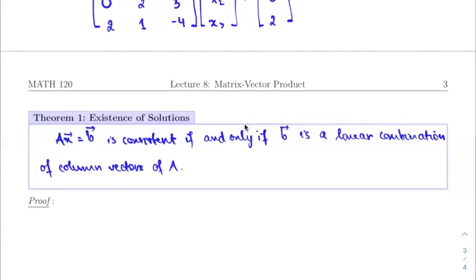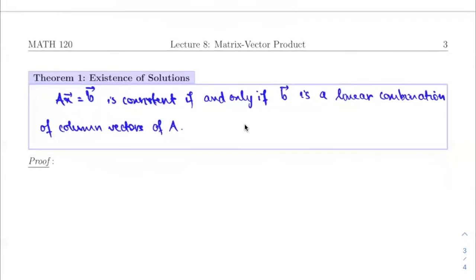Because we have an if and only if statement, it's good to break the proof into 2 parts, the forward direction and the reverse direction. In the forward direction, you assume there are solutions to the system, and you want to show that the constant vector is a linear combination of the column vectors of A. In the reverse direction, we first assume that B is a linear combination of the column vectors of A, and then we need to show that the system has at least one solution.